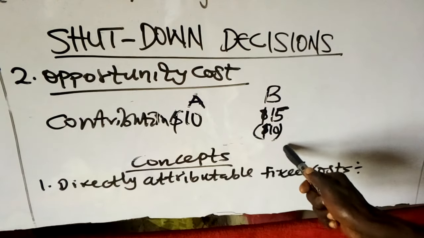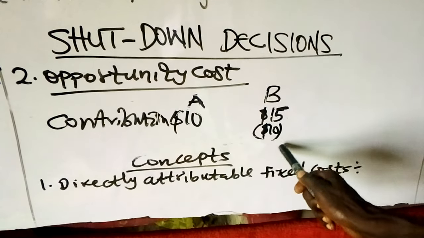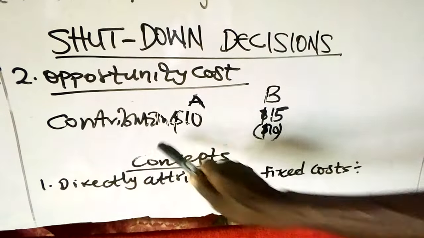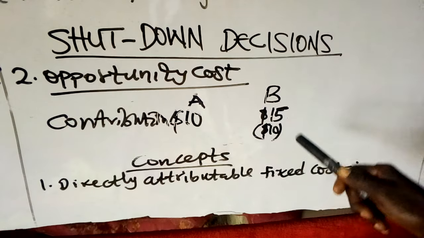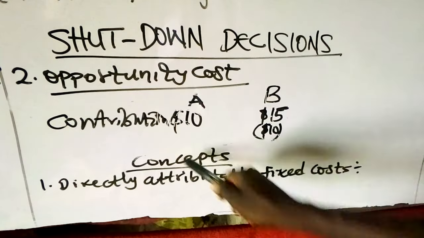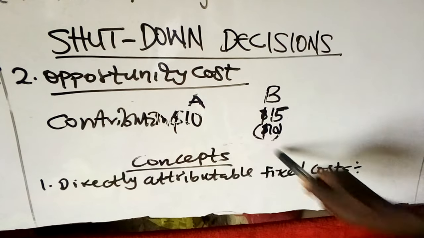If you want to use it in production, then you will not be able to sell it. The opportunity cost of using it in production will be the amount you will realize from the sale of that material. But if you want to sell it, that means you will not be able to use it in production. The opportunity cost of selling it will be the cost of its usage in production.